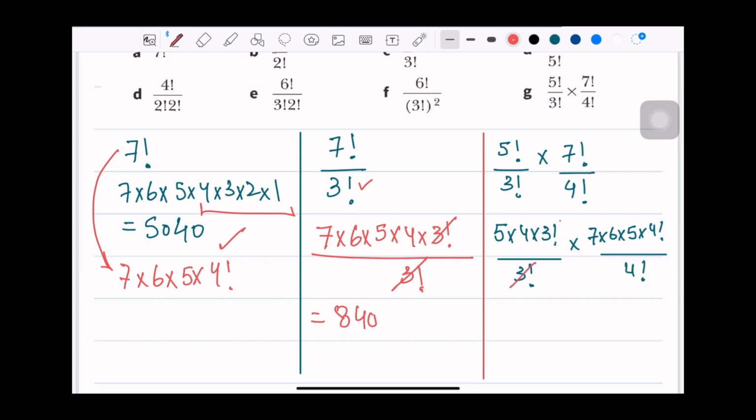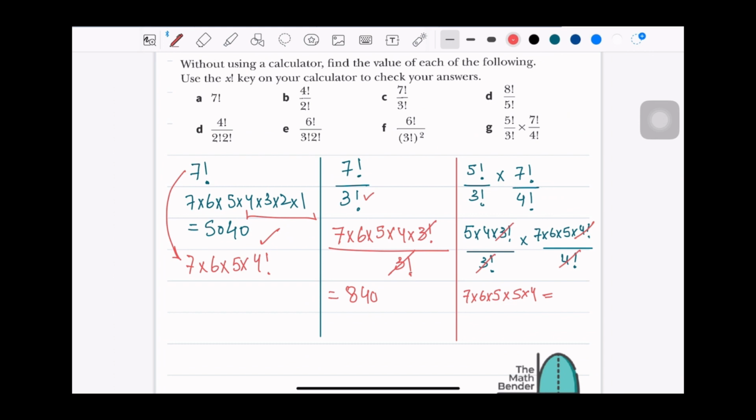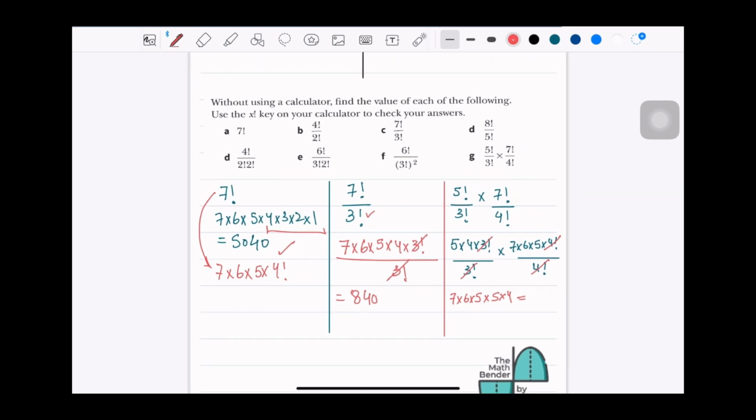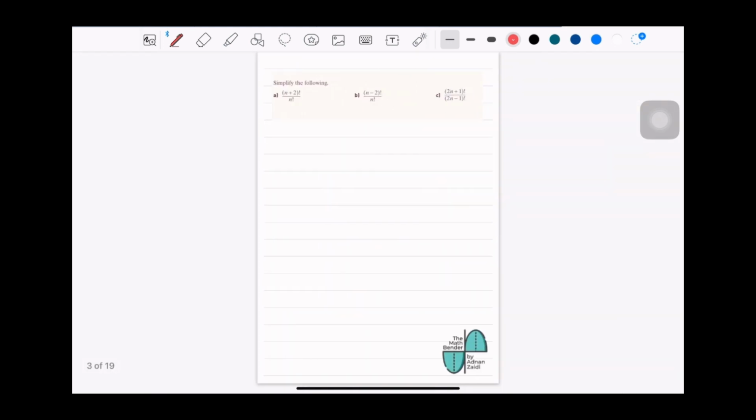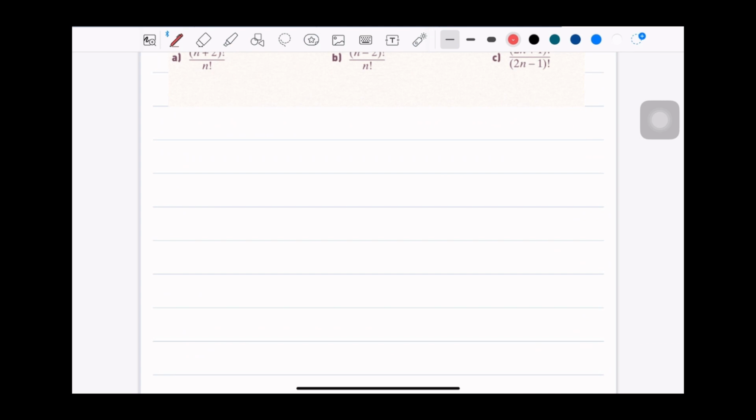The answer is going to be 7 times 6 times 5 times 5 times 4. As you can see, if the first term is 7, the next term is 6, the next is 5, the next is 4, and so on. Every next term is 1 less than the previous term.